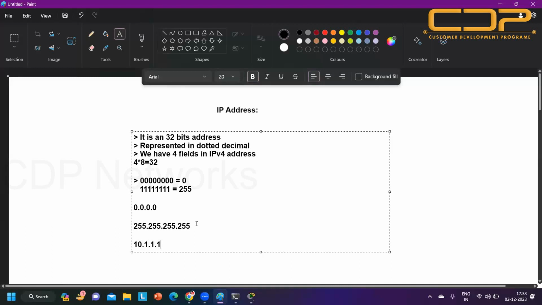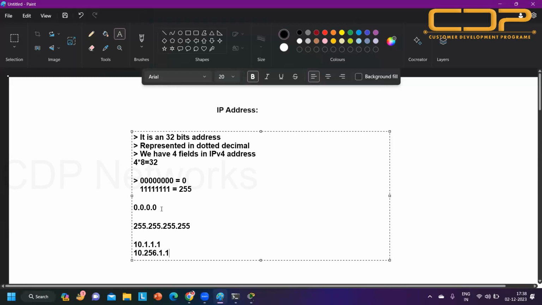Yes, yes. Okay, let me write another IP address: 10.256.1.1. Tell me about this one. Is it a valid IP address? No. Wrong. The question is why? Why is this IP address not valid?